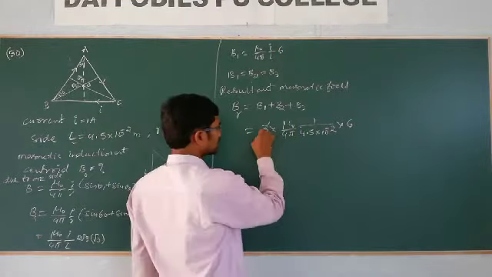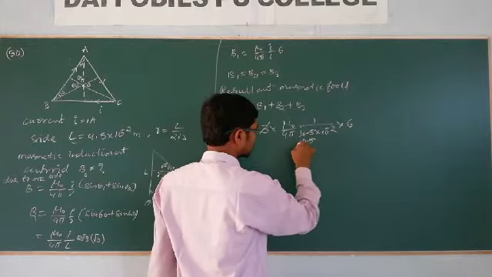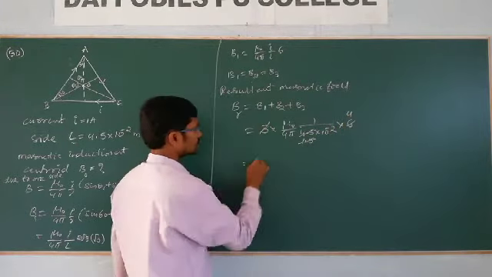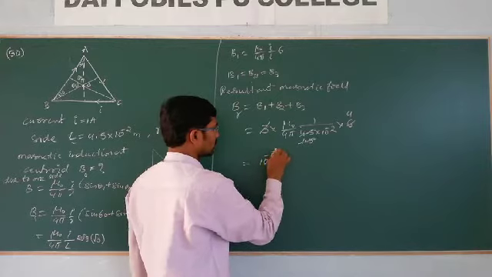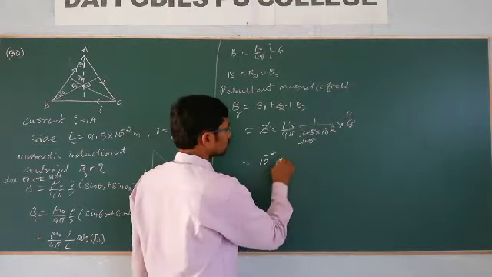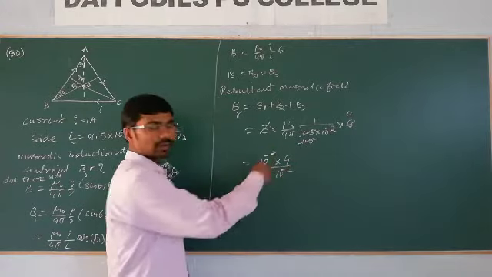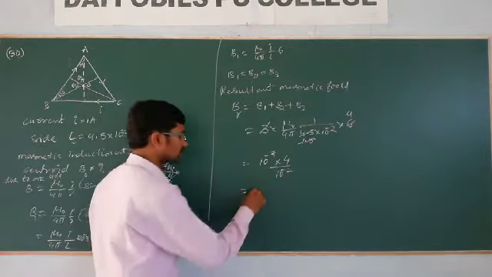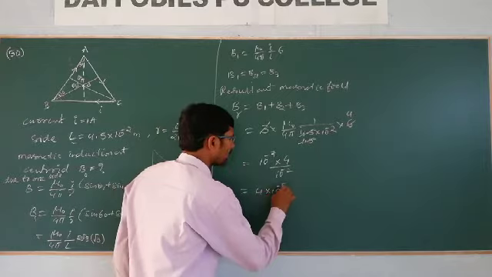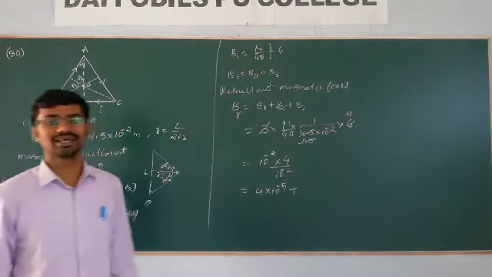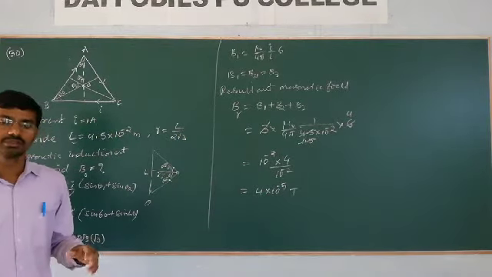Now you can see here 3, 1.5 times and here it is 4 times. That is mu naught by 4 pi, 10 power minus 7 into 4 by 10 power minus 2. So 10 power minus 4 is 10 power plus 2. Then 4 into 10 power minus 5 Tesla is the magnitude at this point.